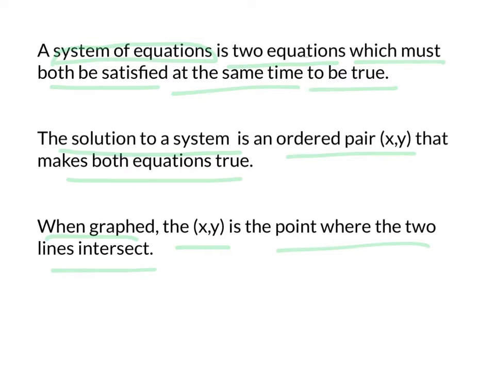They may not be in that order, but two equations with an x and a y in them. Both have to be made true using an ordered pair (x, y) for that ordered pair to be considered the solution. And so we can find that solution by graphing them and finding that (x, y) where the two lines intersect. If you're still writing this, just pause the video, but I'm going to go on to the next slide.